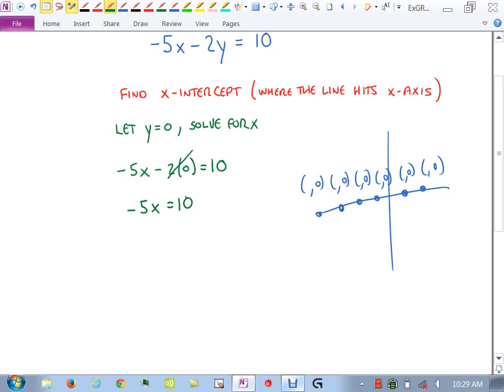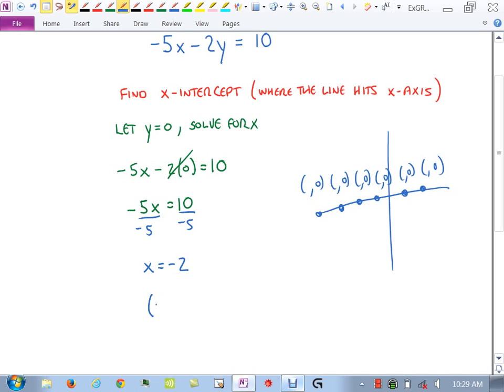Linear equation, one variable, and we just had a test on that, didn't we? How do you solve that? In this case, all we need to do is divide by negative 5, right? And we're there. So x is negative 2.